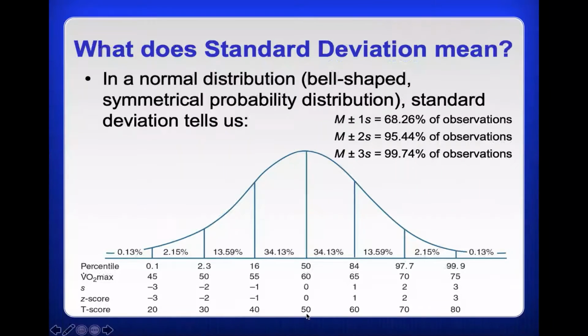To the left-hand side, that's 10 less than the mean, so that's 40. 2 standard deviations to the left, minus another 10, becomes 30. Another standard deviation to the left is 20.